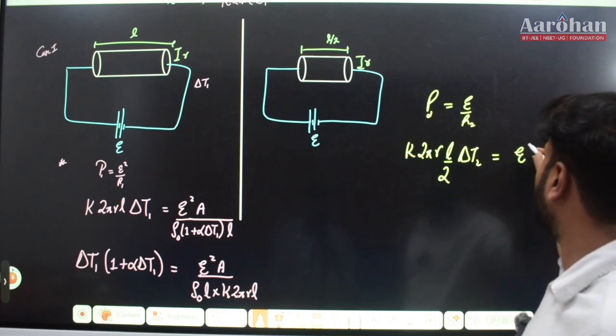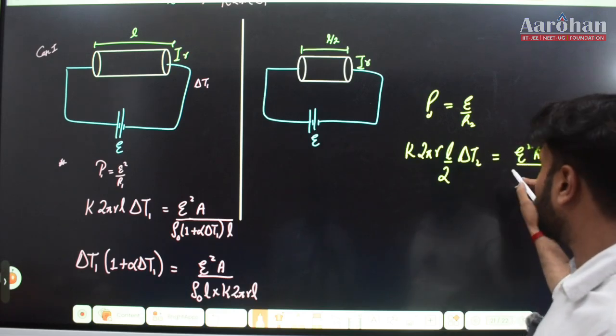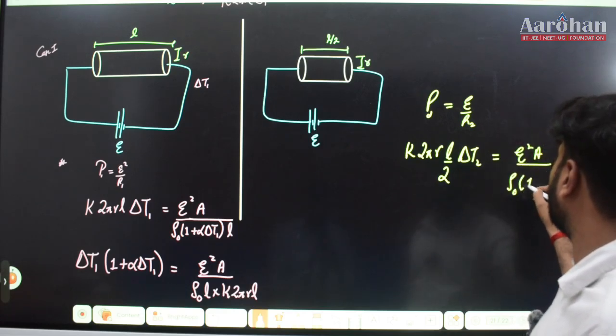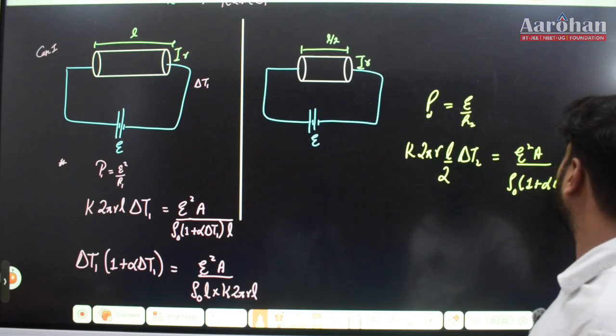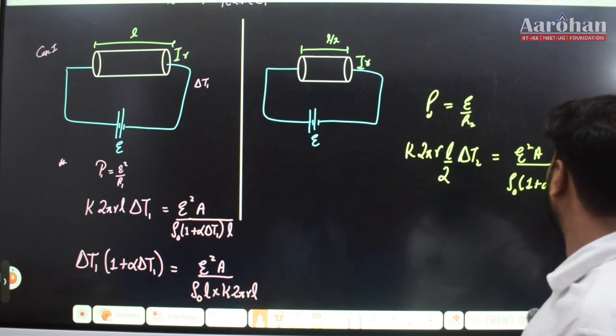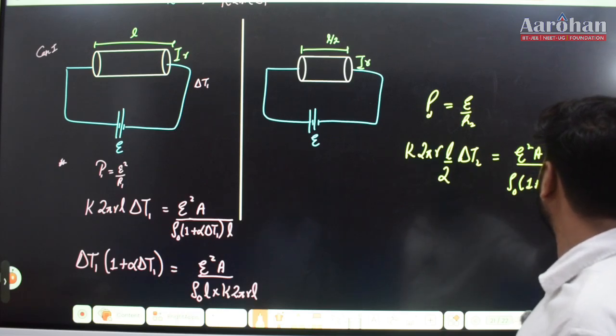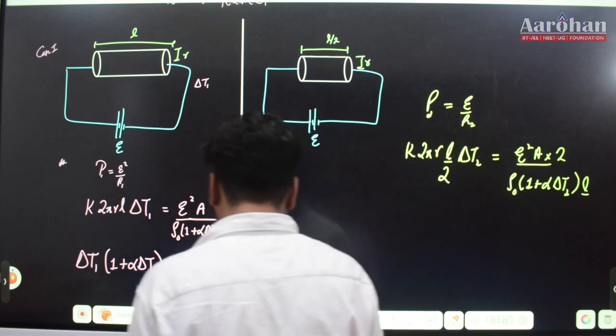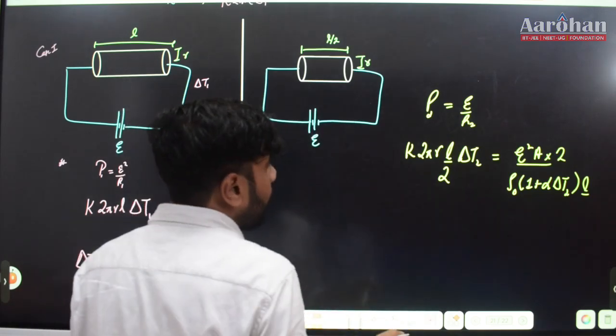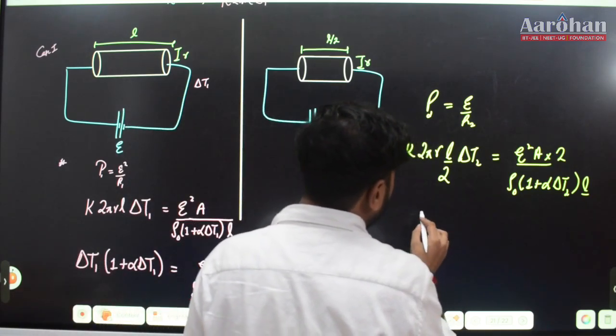This will be equal to what? E square A divided by rho naught 1 plus alpha delta T2 into L. Here also we will have L by 2, so this 2 will be here. Got it? Now again I can rearrange stuff.